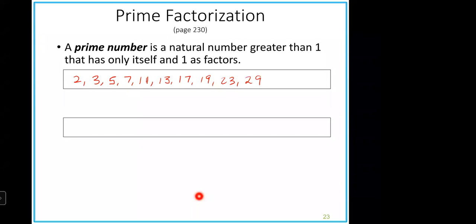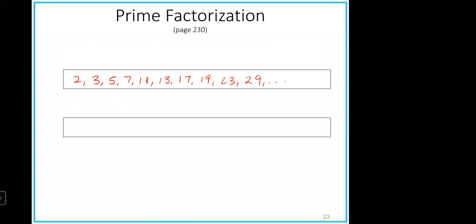Okay. All right. And so on. That's the first 10 prime numbers there. Of course we could go on. So they only have two factors, one and the number itself. And of course, 2 is a prime number.